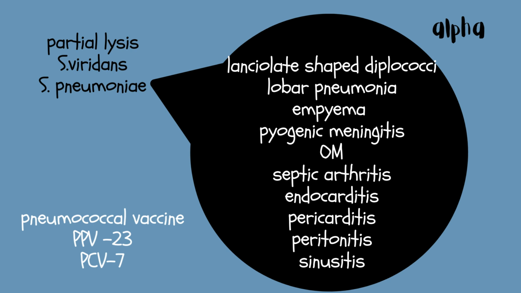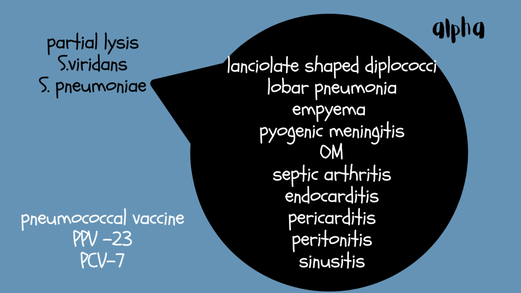It is one of the commonest organisms causing pneumonia, lobar pneumonia, and can further worsen and form empyema. It can cause meningitis. It is a capsulated organism, and usually in splenectomy patients we give the pneumococcal vaccine.